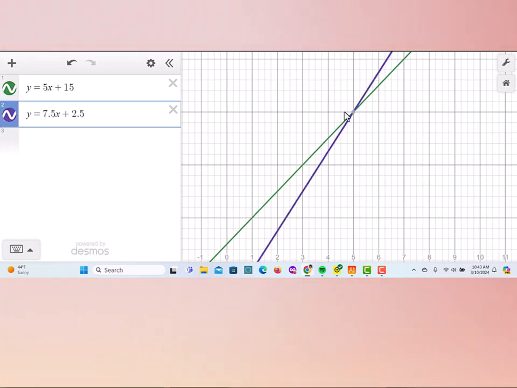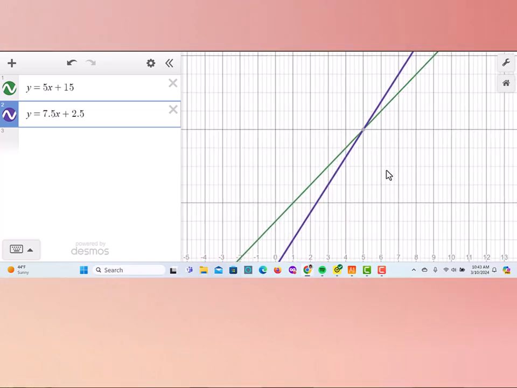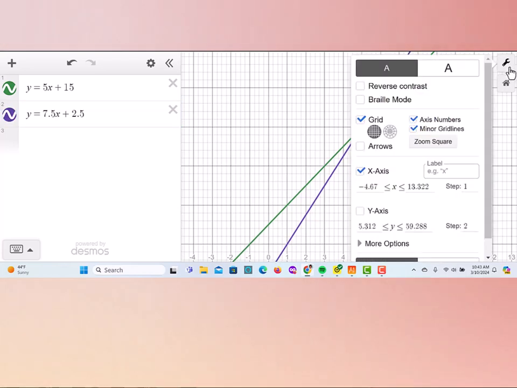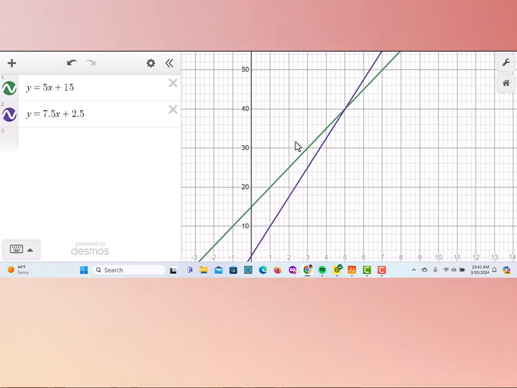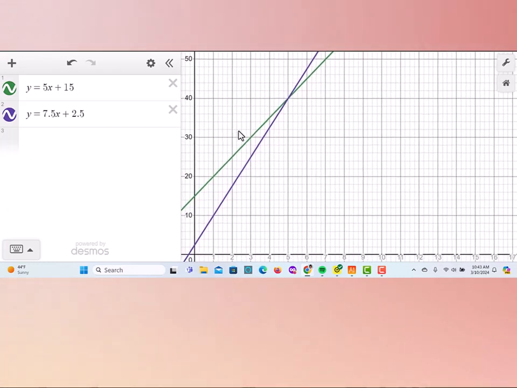At 5 weeks, they both have $40. Took that check mark out. All right, so there's my X and Y axis.